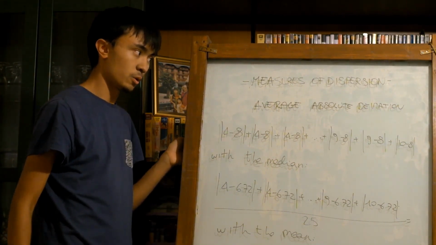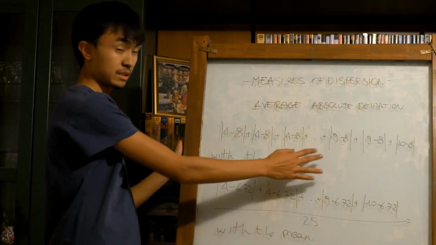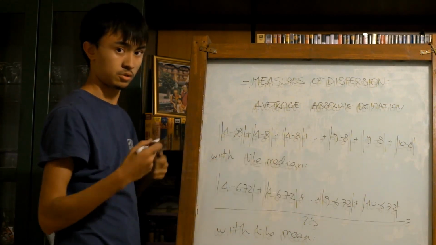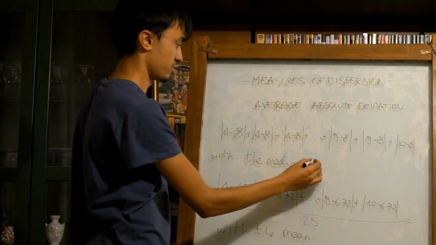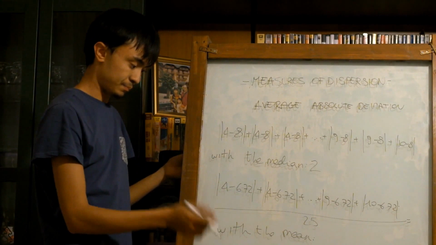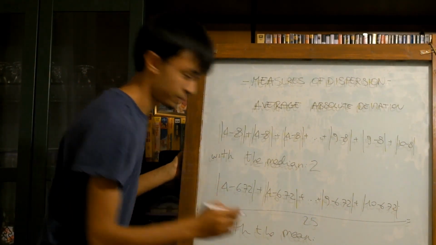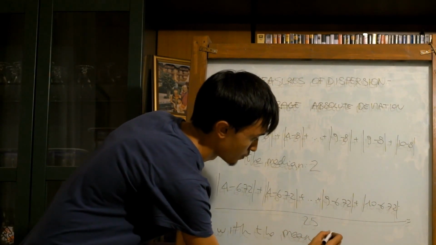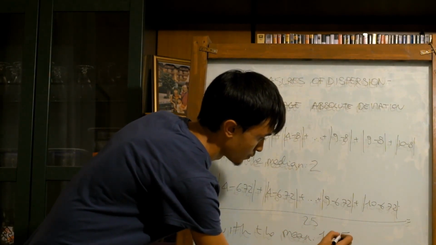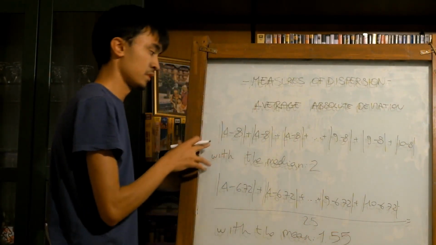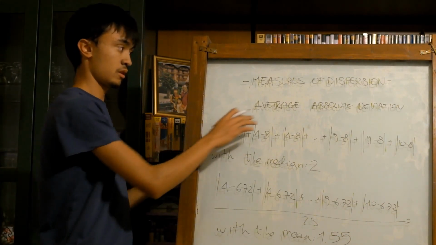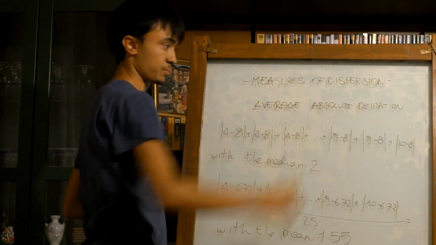And then we can find again the median, which in this case is 1.55. This is called average absolute deviation.